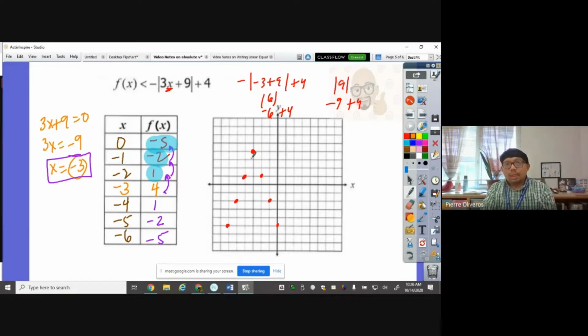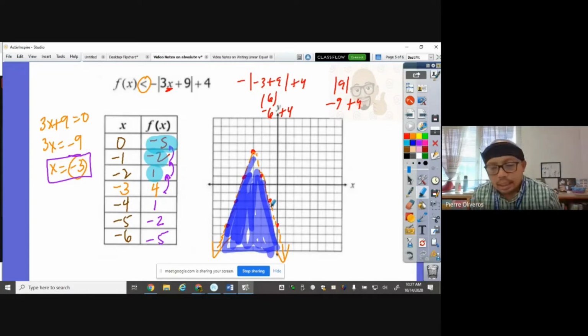Connect them with a dash because this is less than. And for this one, it's less than, so we're going to shade the below portion of the graph, and that will be anywhere right here inside it. Okay.